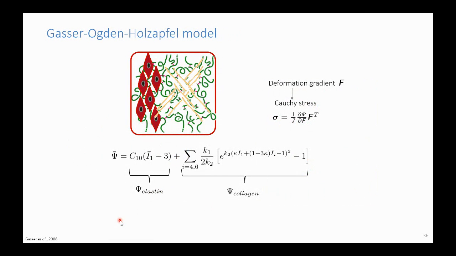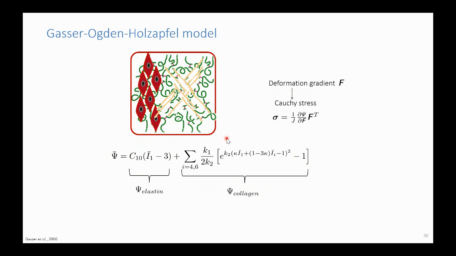So that brings us to the quite well-known Gasser-Ogden-Holzapfel representation of material, where we have our strain energy density function. So let's say the potential energy that's trapped inside the material because of the deformation of all those constituents. So here we have the contribution of the elastin fibers, and here we have a nonlinear stiffening contribution of the collagen fibers.